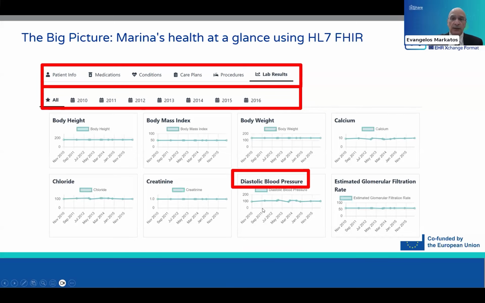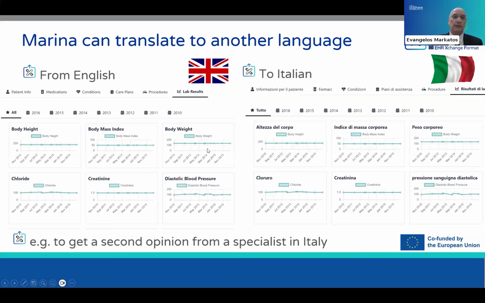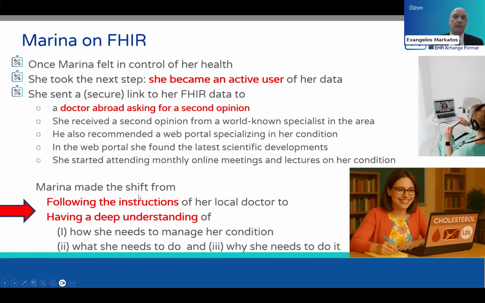So Marina can see how her pressure changes over the year, how her calcium changes over the years, creatinine changes over the years, etc., etc. Marina can translate the results into a different language, from English to Italian, for example, to get a second opinion from a specialist in Italy.